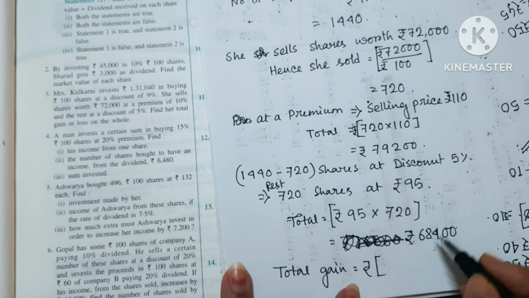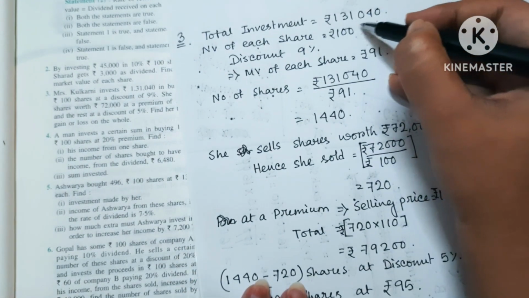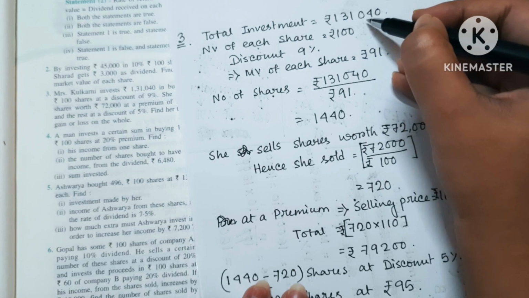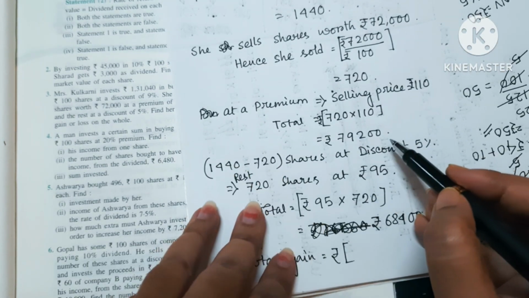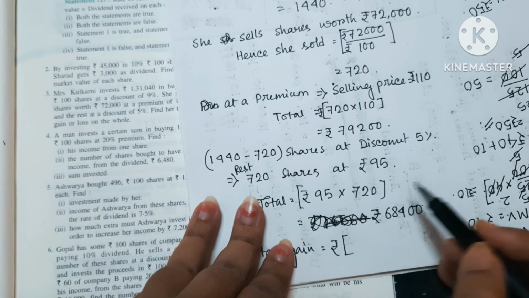gain will be this one plus this one minus this total investment, that previous one. Okay, this was total investment, and after selling all those shares, she has got this much money from the first part and this much money from the second part.